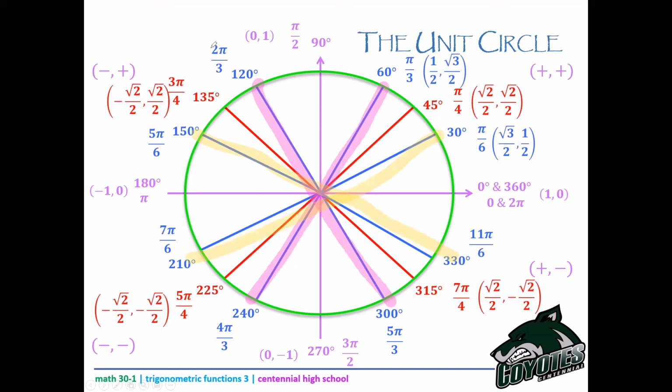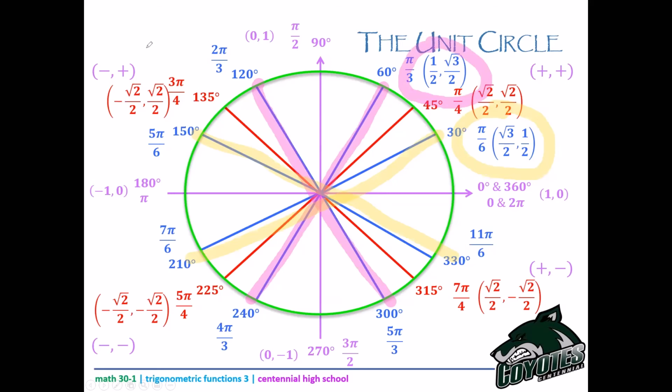So when you're filling these in here, the 150, the 210, and the 330 will all go with this coordinate point here. And then the pi over 3 or 60 with the 120 and the 240 and the 300, they'll all share this point with the exception of who's positive and who's negative.